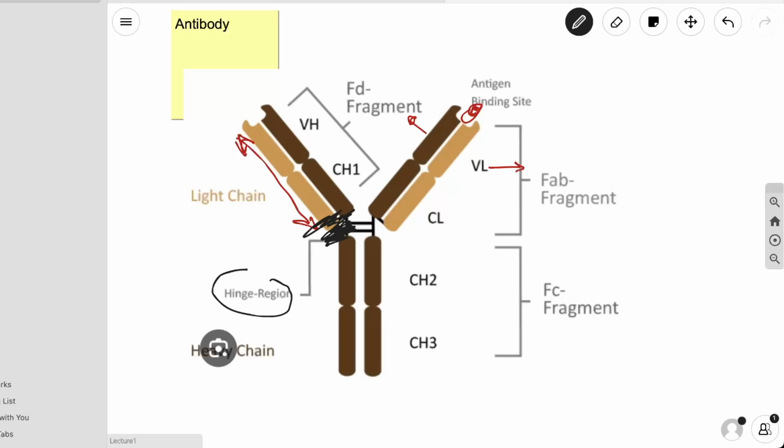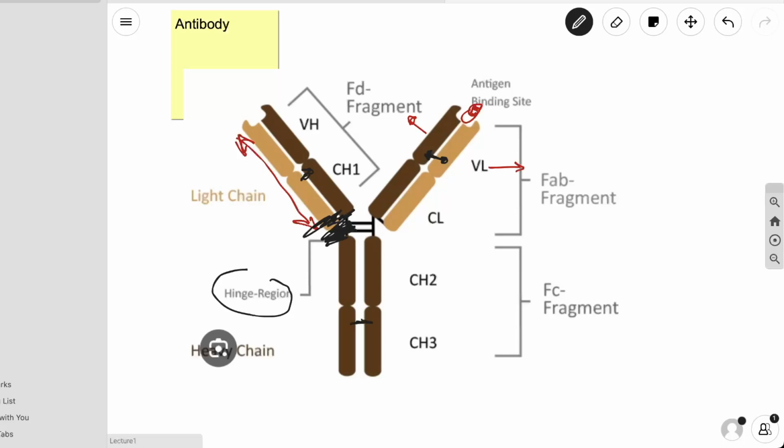Now we have the disulfide bond. The disulfide bond is the bond that holds this light chain and the heavy chain. So you will see a disulfide bond holding these two structures together at this side and also at this side, and it will also hold this.